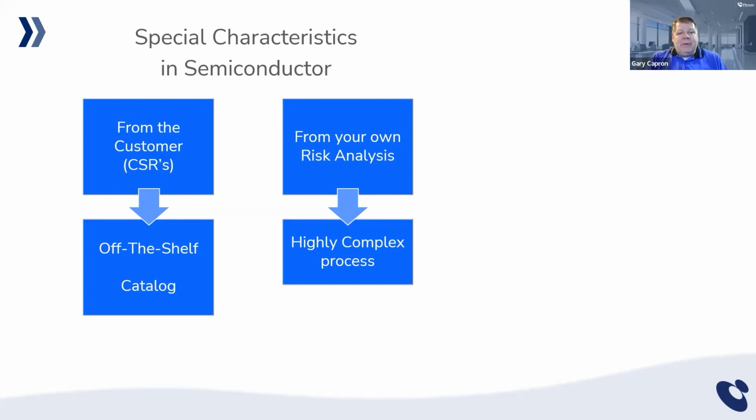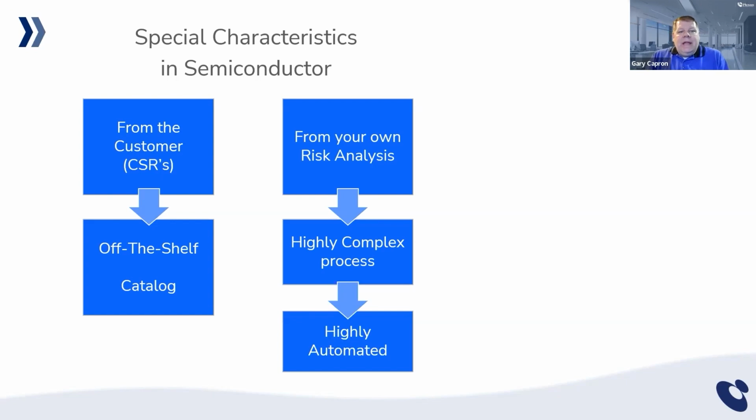Another semiconductor attribute is that it's very common to have a process that's highly or even fully automated. When you have an automated process, there will not be any work instructions that should be communicated as important or annotated with a special characteristic. In many cases, there may not be any special characteristics identified in the fabrication process.